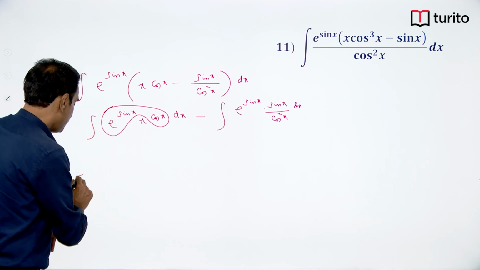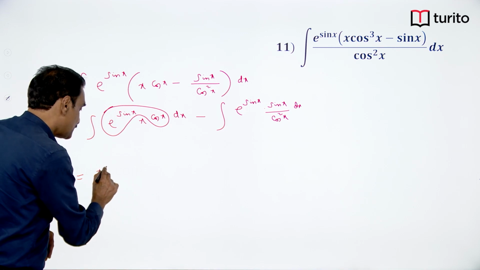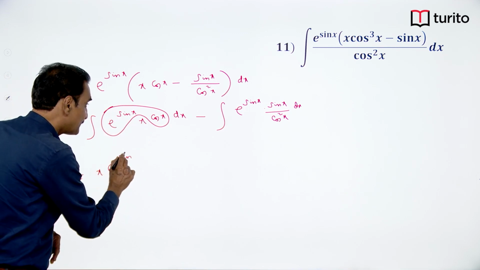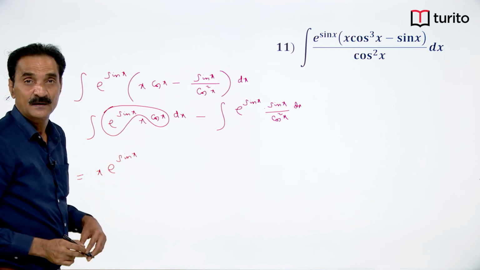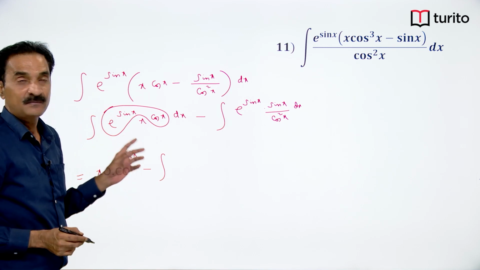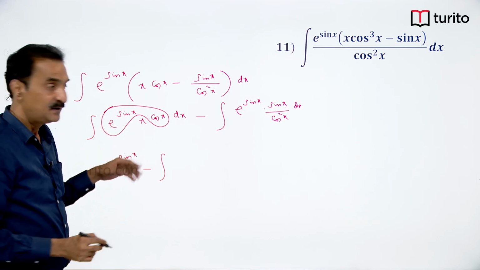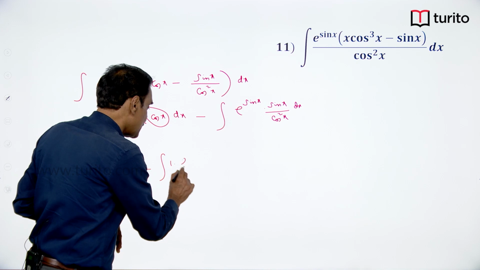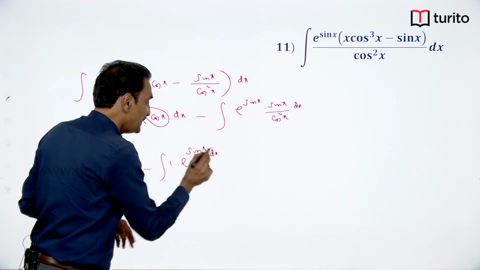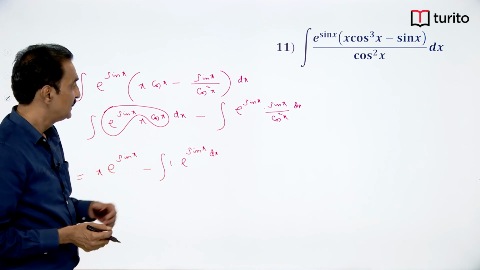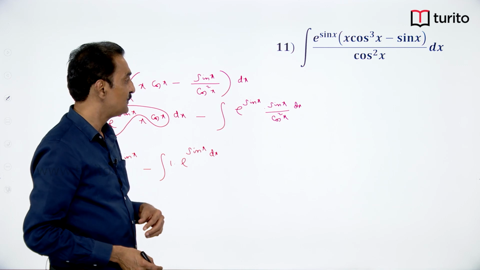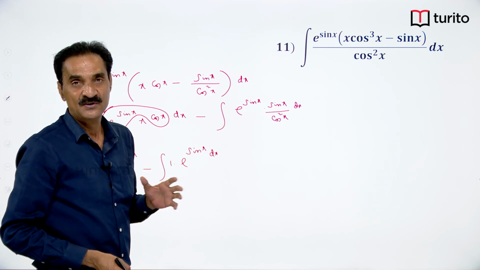Then what will you get? First function into integral of the second function, e power sin x, minus integral derivative of the first function 1 into integral of the second function e power sin x dx. Now we need to calculate this one also by parts.